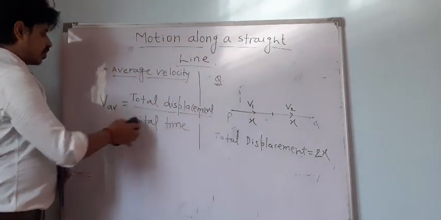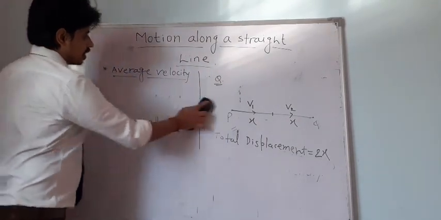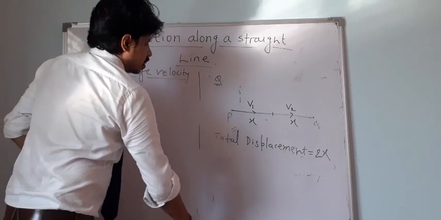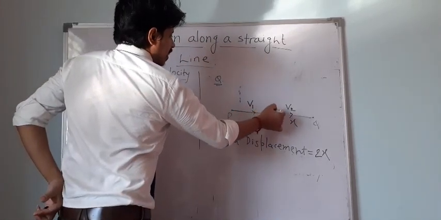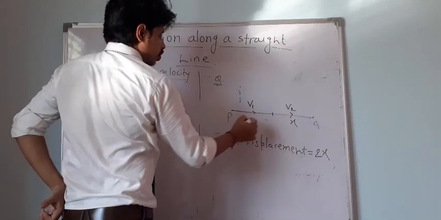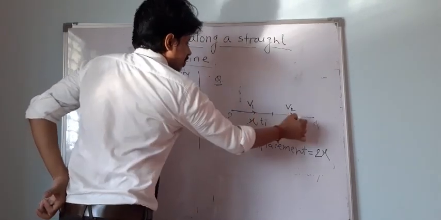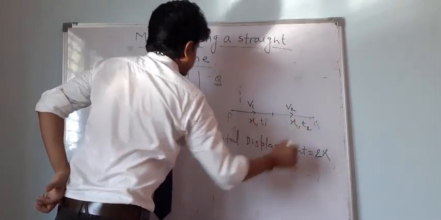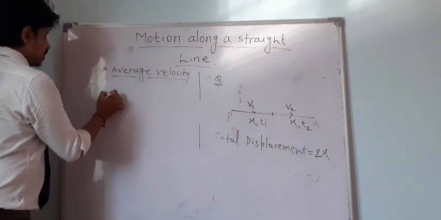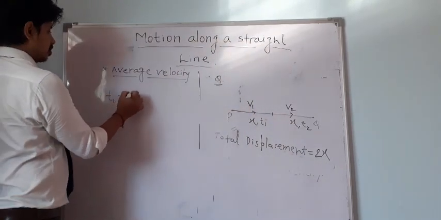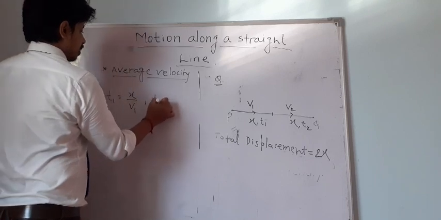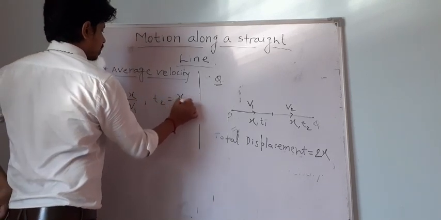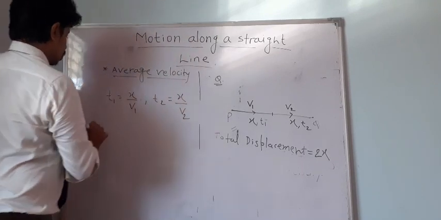Now I will find the second thing, the total time. Say in the first half it takes time t1 and in the second half it takes time t2. Then t1 is equal to x by v1 and t2 is equal to x by v2.